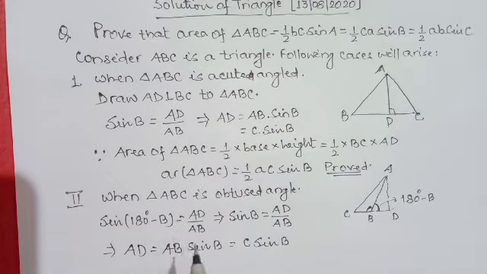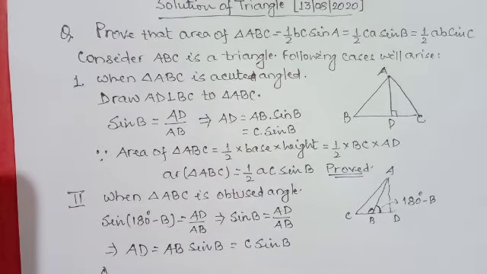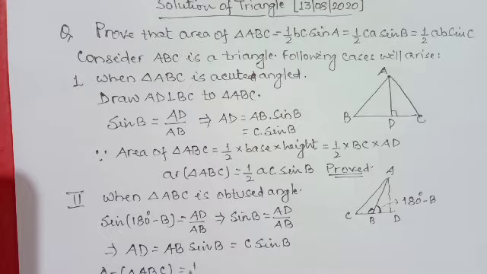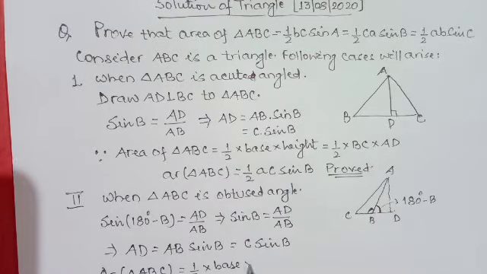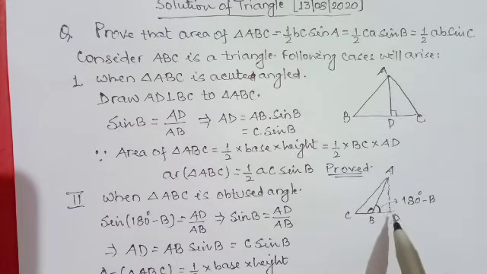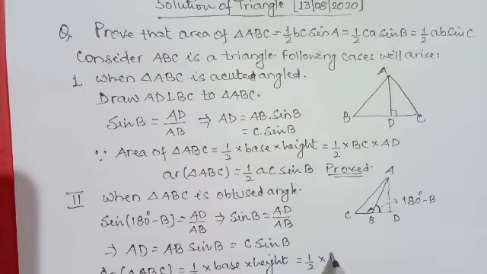Again apply the same formula. Area of triangle ABC is equal to half into base into height. This is the formula. Base is BC, height is AD, means half into BC into AD.